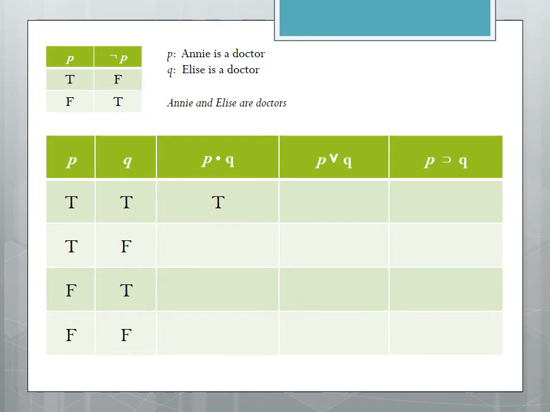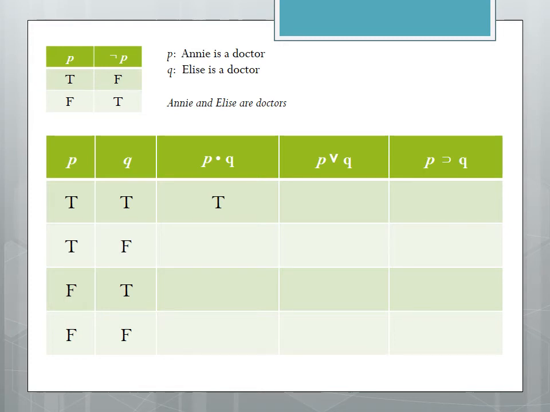Let's move down to the second row. And so now we're supposing that it's true that Annie is a doctor, but we're supposing it's false to say that Elise is a doctor. So Elise is not a doctor. The sentence Elise is a doctor is false.